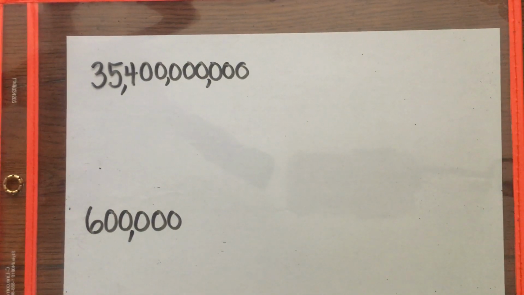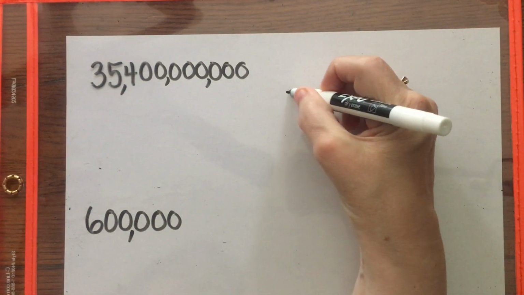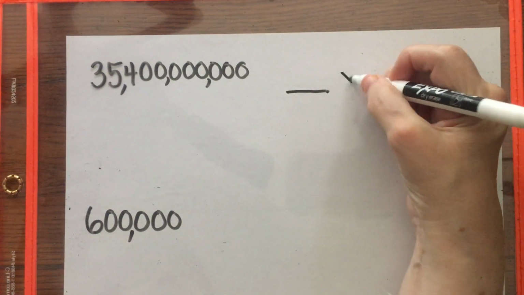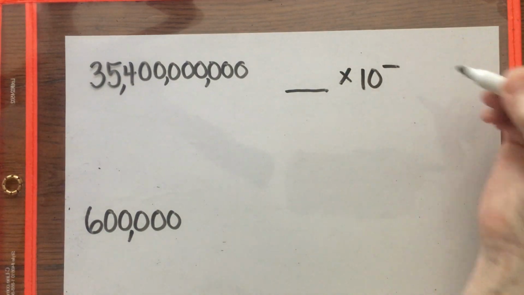And those that really need to know those really big or really small numbers are going to take the time to do that. But it's easier to write it in scientific notation. And this is how we start. So the first thing that we need is our mantissa. It's going to be times 10 to our characteristic or our exponent.